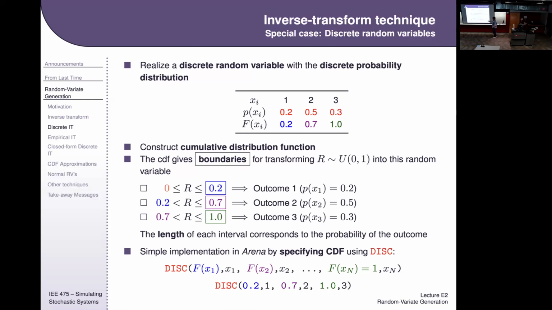Now, when you're doing this for real, there is fortunately in Arena a function called DISC, where you just load the inverse CDF into DISC. And that's why you load the probability first and then the outcome second. So this is loading the inverse CDF into DISC, and it will do this for you. But you have to calculate the CDF for it.